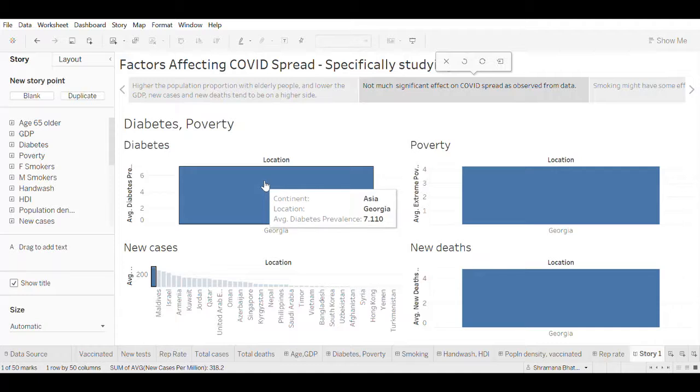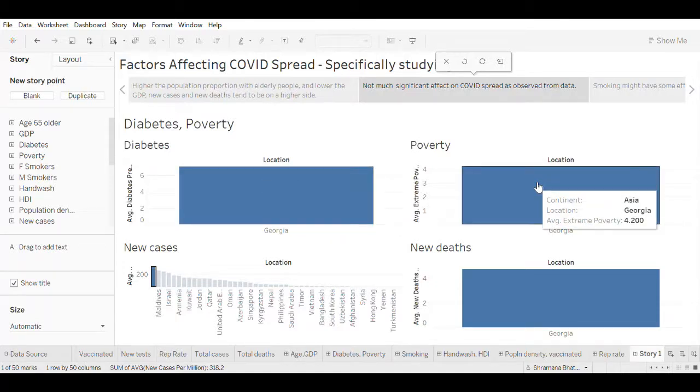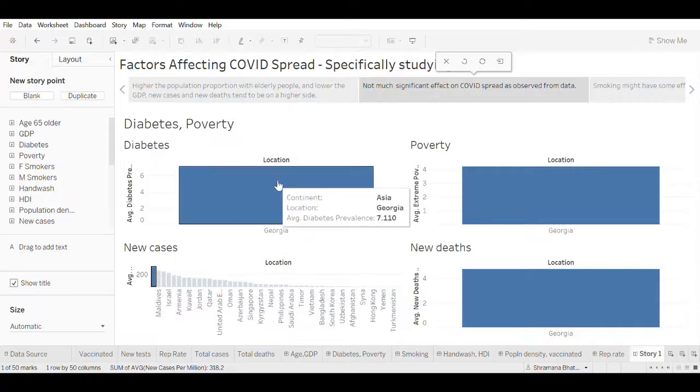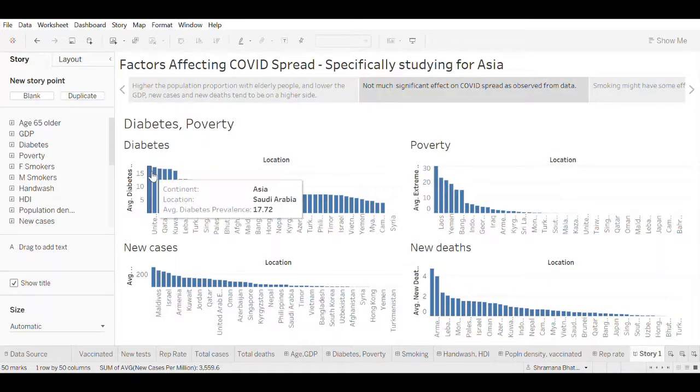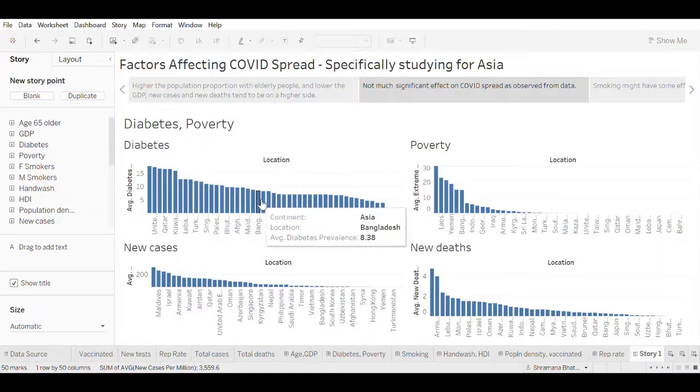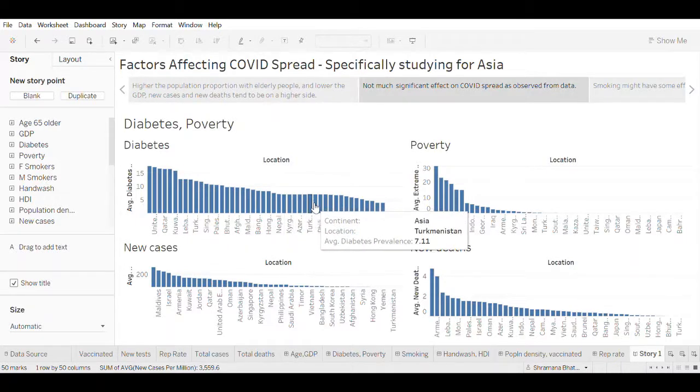Diabetes prevalence is not that high. Poverty is also not that high. 7.11 for diabetes prevalence, where we have 17, right? So it's on the very lower side, Georgia. On the lower side of diabetes prevalence.